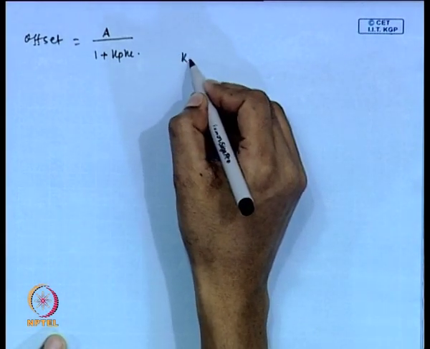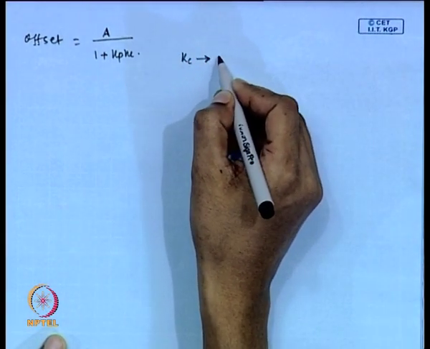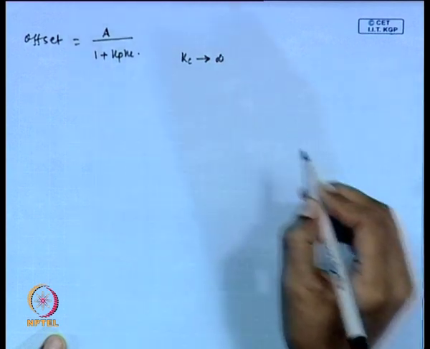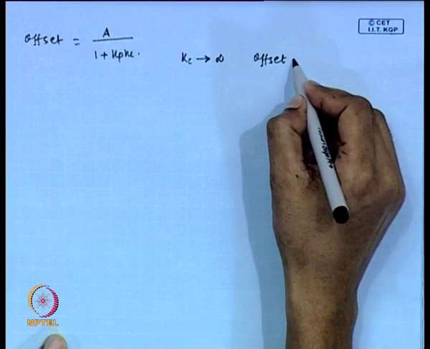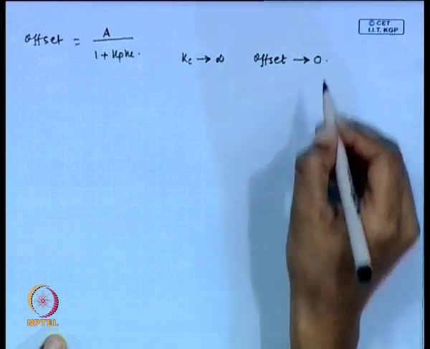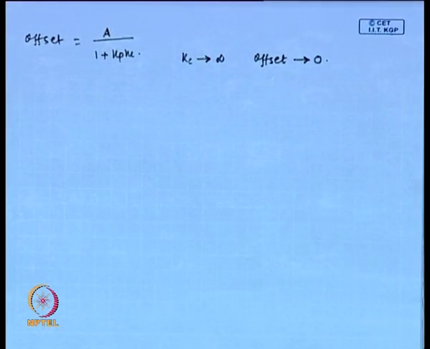Now, when Kc tends to infinity, offset approaches 0.